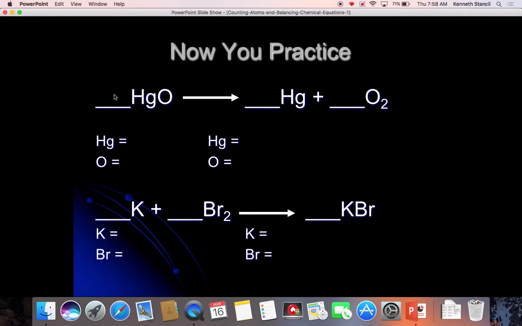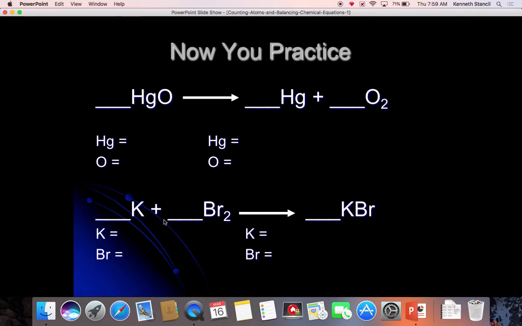So if we put a 2 here, then we're going to have 2 what? Mercury. But how many mercury do we have over here? 1. So what do we need to put here? A 2. If we put 2 and 2, then we are balanced.